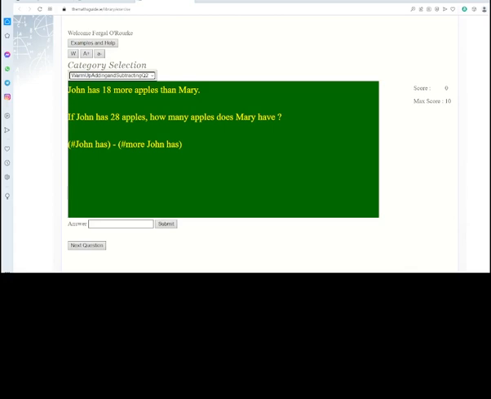This might seem reasonably easy to you, but the idea here is that there's lots of questions that you know how to answer, but you need to think, what exactly am I doing every time I'm answering that? And that way you can create a formula, and then you can use that formula in situations that are more difficult. This question, you simply find out how many apples John has, which is 28, and you subtract how many more John has, 18, to find out how many Mary has.